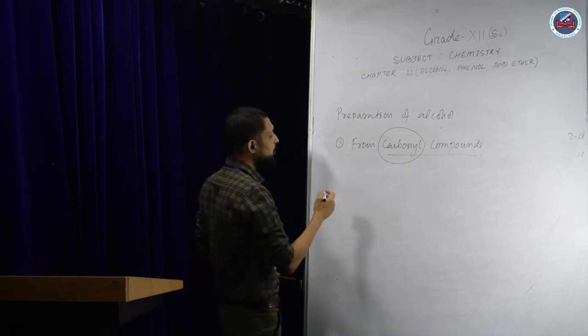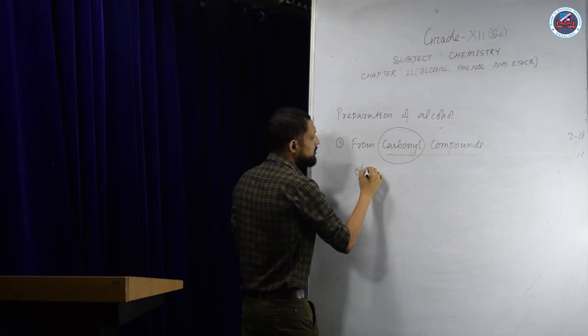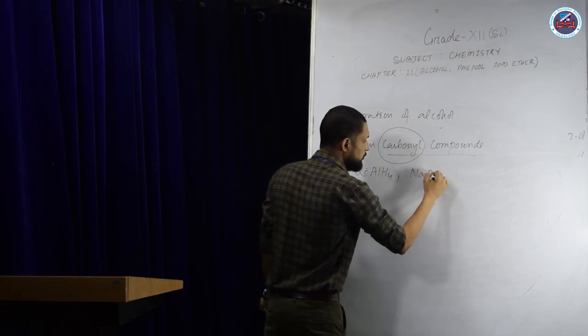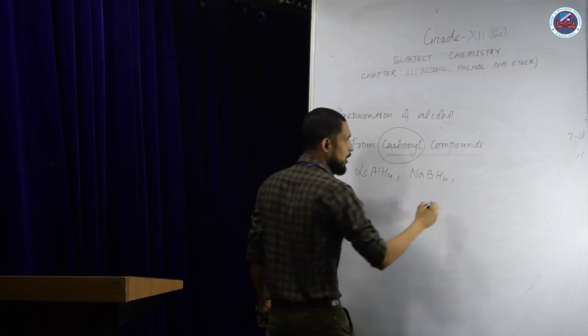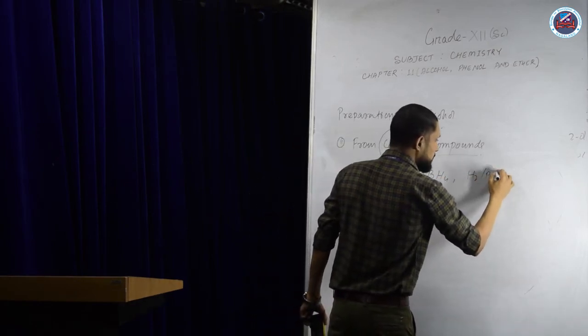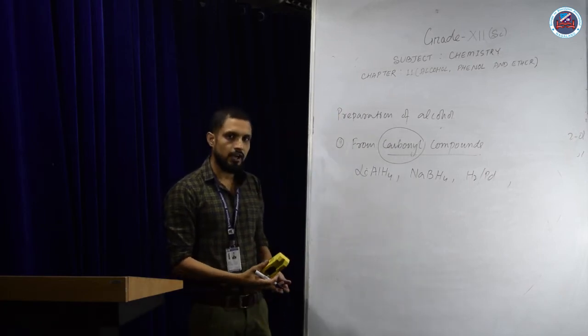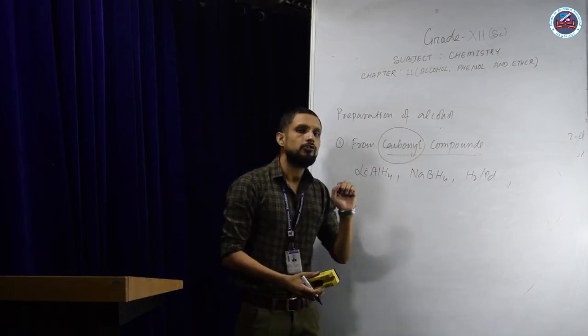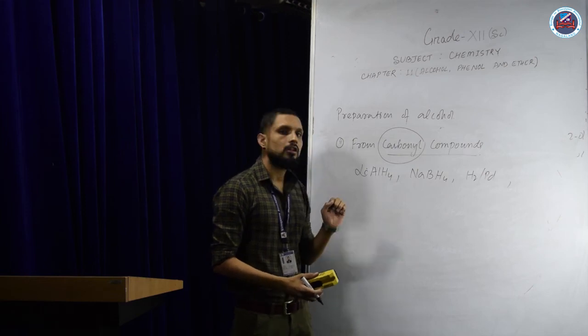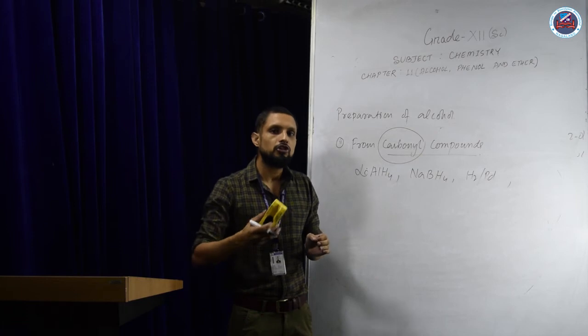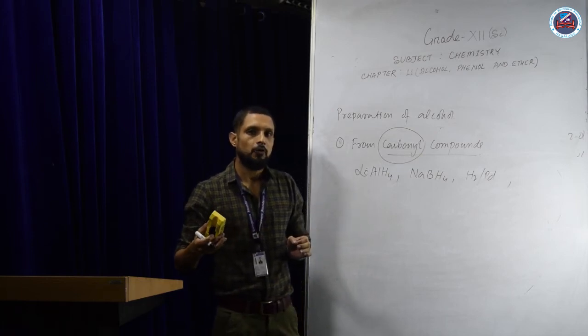There are different types of reducing agent like lithium aluminum hydride, sodium borohydride, or you can use H2 in the presence of Pd. We'll use the reducing agent based on the type of reaction. That means the reducing agents are suitable for a particular type of reaction.